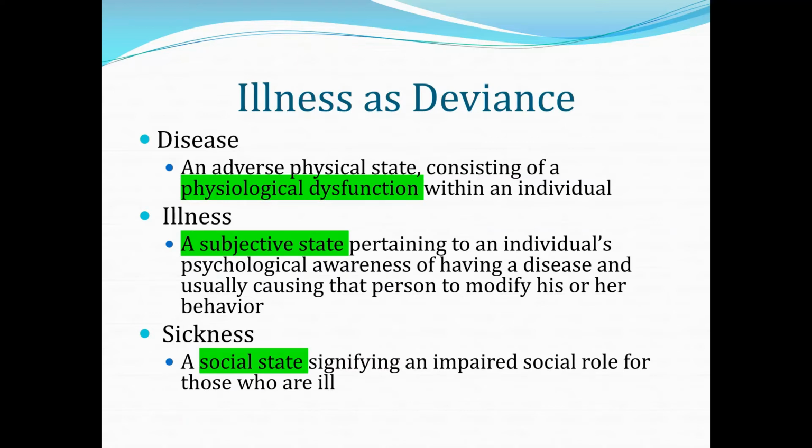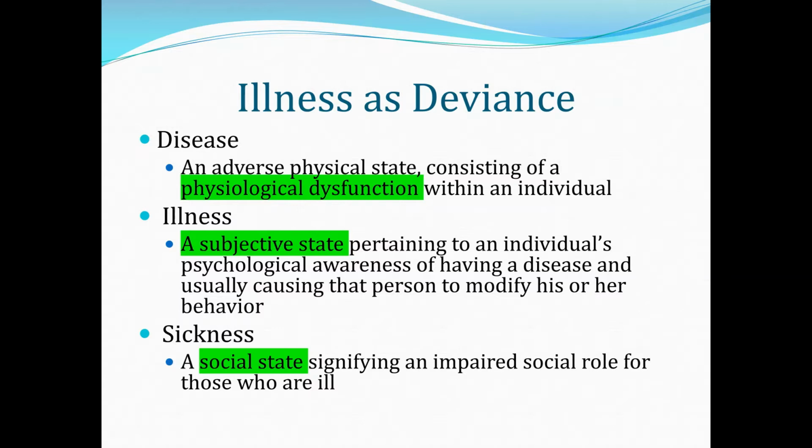As opposed to the first two concepts about health conditions, sickness is a social state, okay? And that social state, a lot of times, is attained through negotiation with external entities.